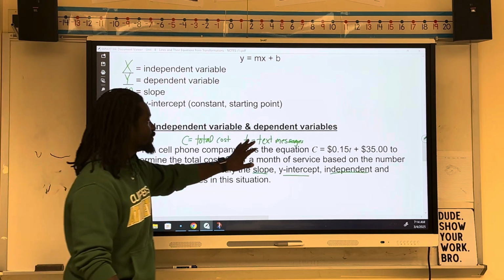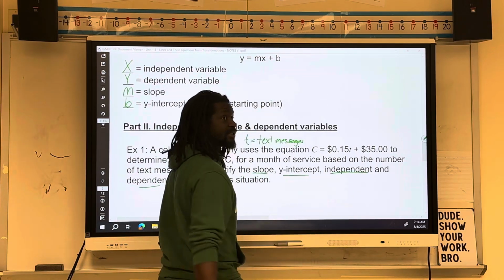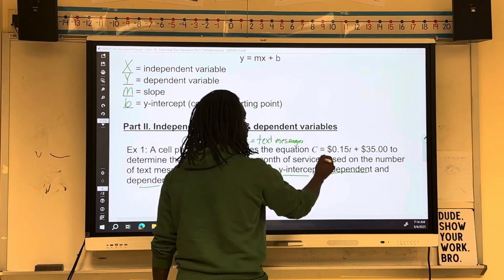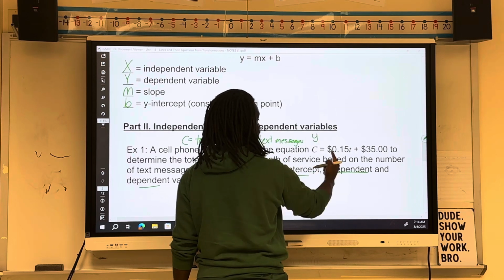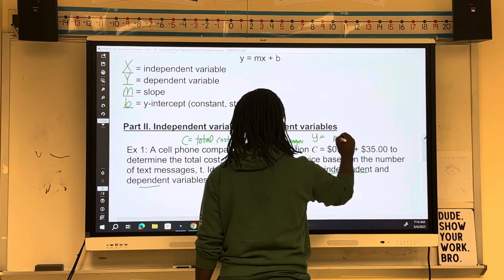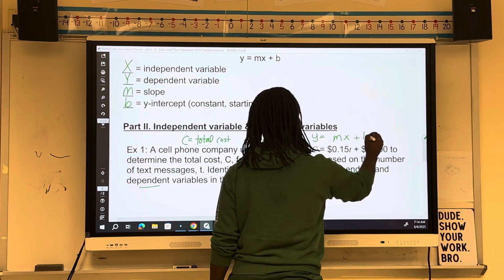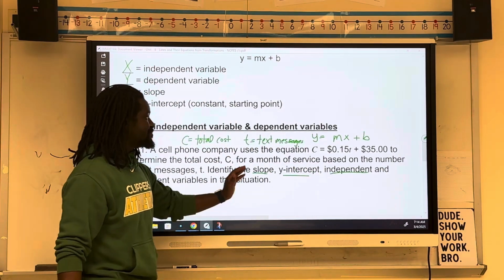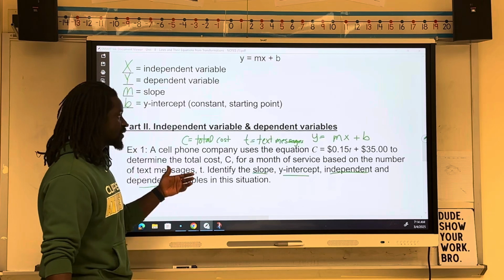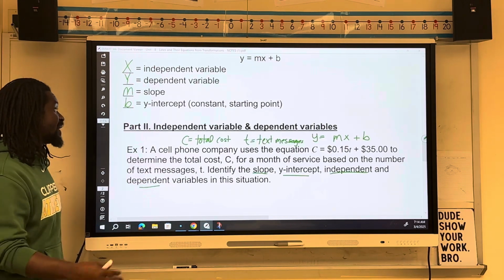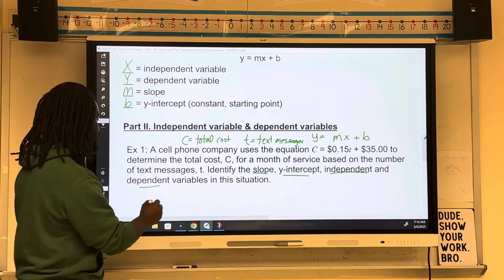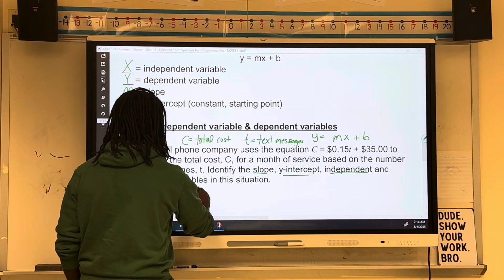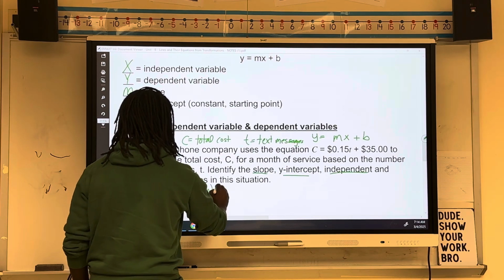Then it gives us an equation that is in slope-intercept form, so we just need to remember that this is y equals mx plus b. If we remember what each of these values means, then it will be easy to identify each. First we're looking for the slope, which is m.